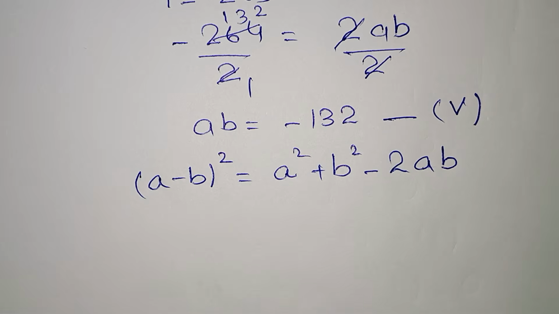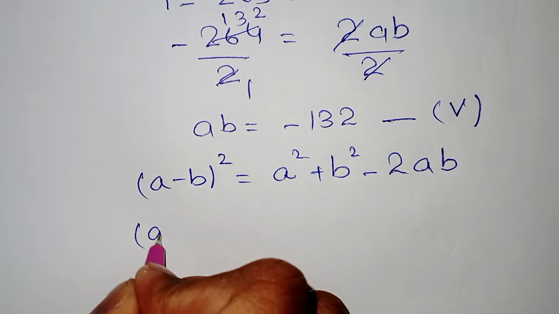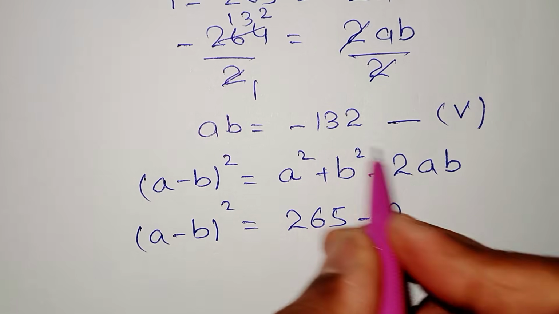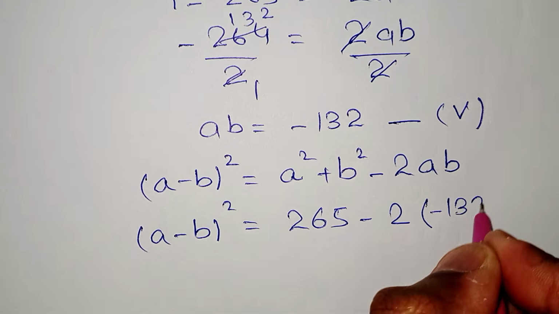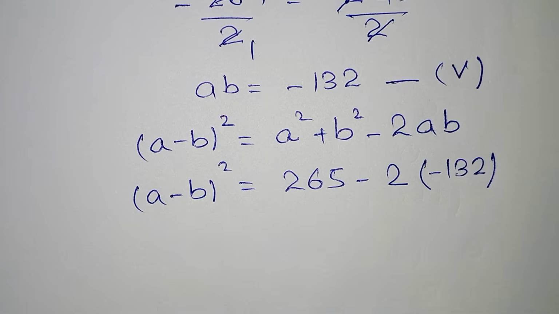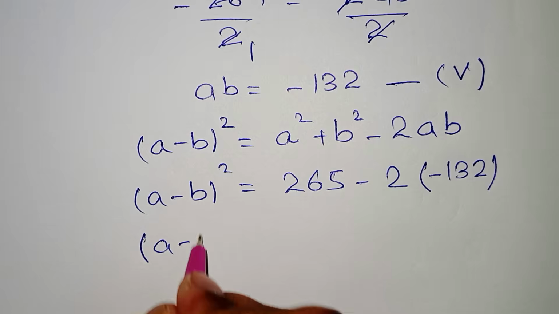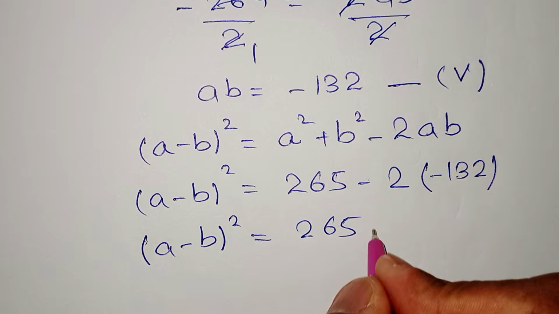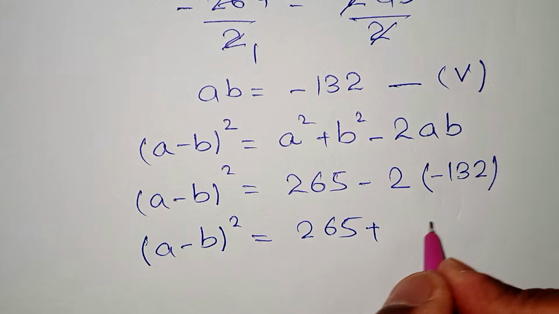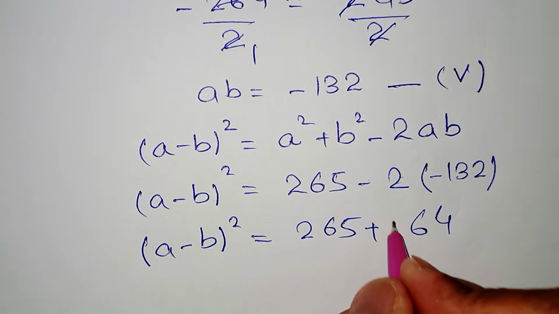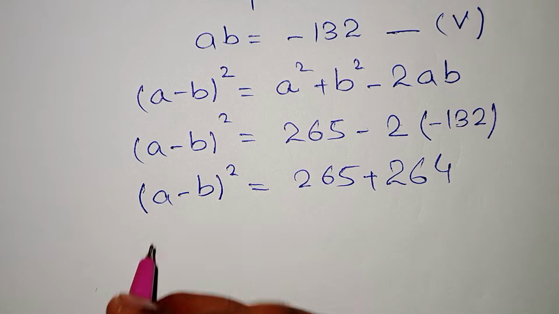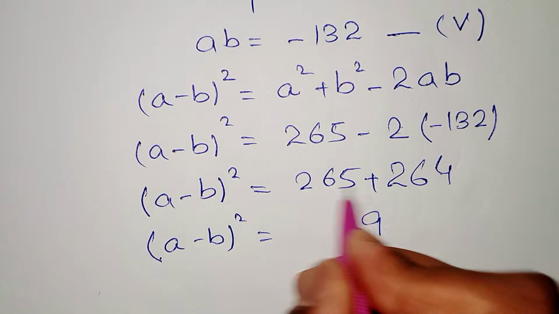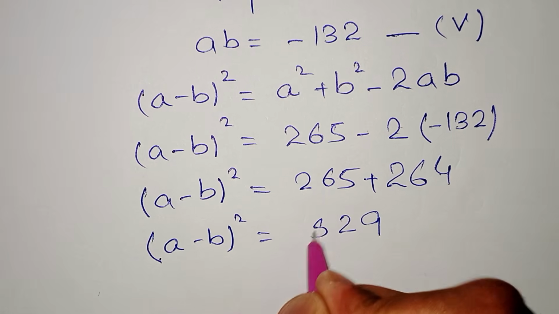So we will put these values to find out a − b. (a − b)² = 265 − 2(−132). (a − b)² = 265 + 264, which is 529.